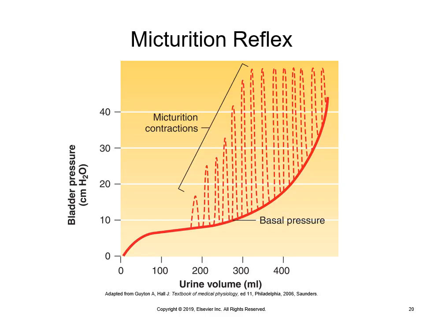All right, now we're going to take a look at what we call the micturition reflex, which is basically how our body knows when it's time for us to go to the bathroom. So this graph is basically going to help us look at that connection between the full bladder, when it has all of this pressure inside of it, and why we have that urge or why we need to go.